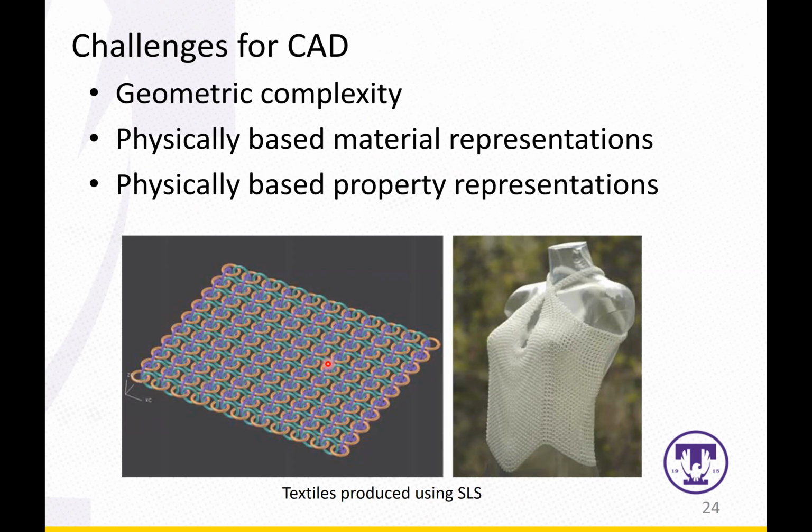So that requires physics-based simulation to come in, right? It's not just checking the shape itself, but the designed products also need to be verified in terms of these more physical requirements. So all these are challenges for CAD software.